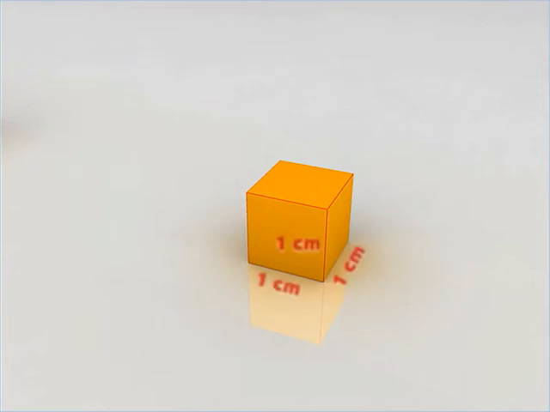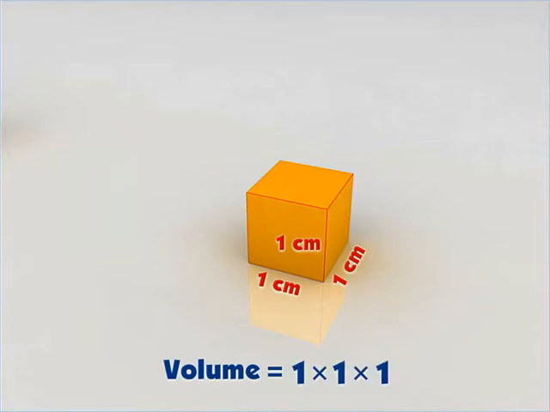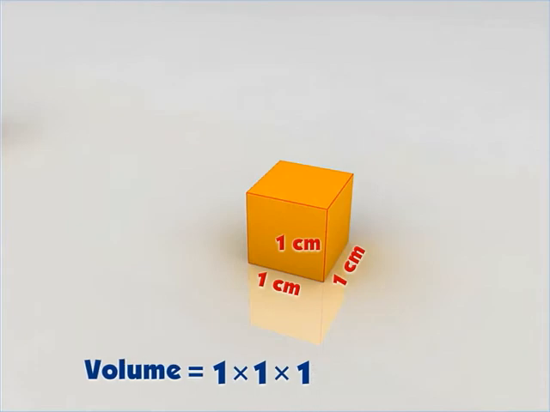This is a cube with side 1 centimeter. Its volume is 1 times 1 times 1. We represent it as 1 raised to the power 3, which is 1 cube.